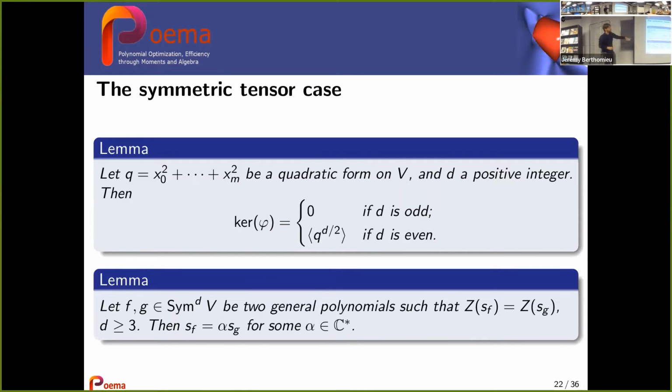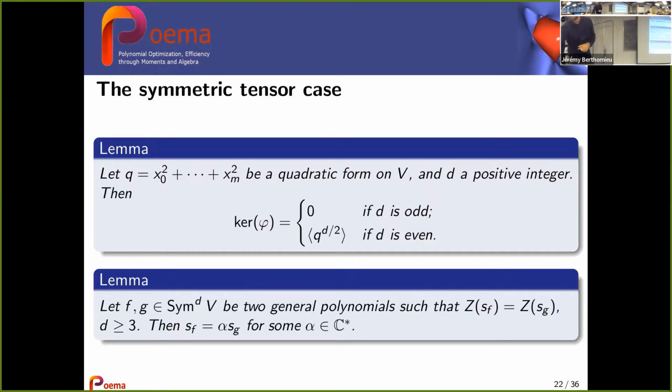And now, in this case, it's much simpler because our bundle E is actually just the pullback of the quotient bundle. So it's a simple bundle. And the endomorphism of it is equal to the complex numbers. So you obtain this for free. That is just a multiplication by a scalar.